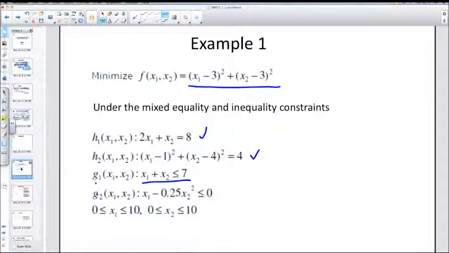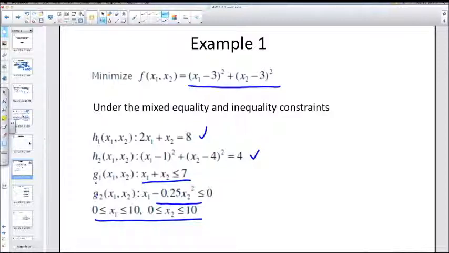That's linear: x1 plus x2 less than or equal to 7. But this one is not linear. You have x1 minus 0.25 x2 squared less than or equal to 0. And you also have those upper and lower boundaries. So that is the full complexity, even though it's a simple example.